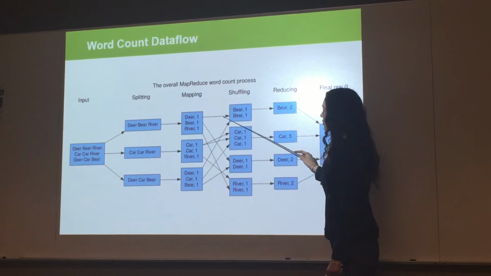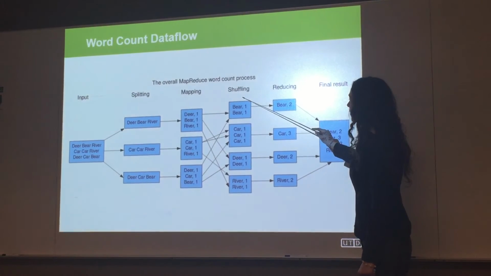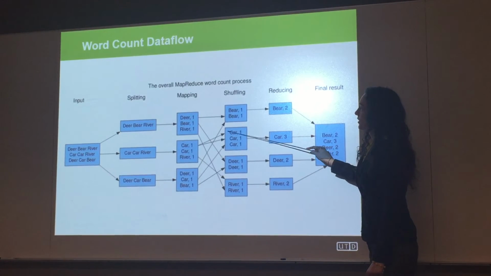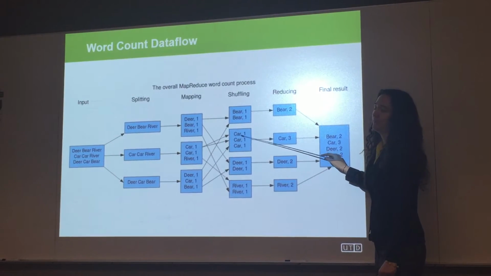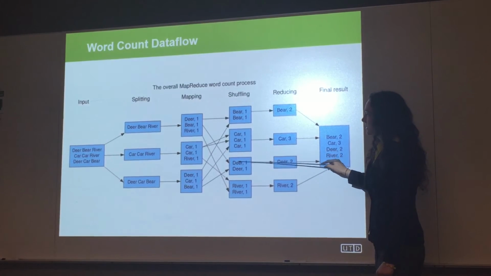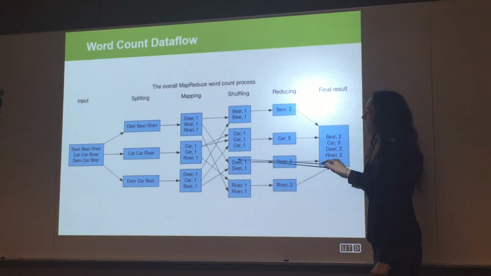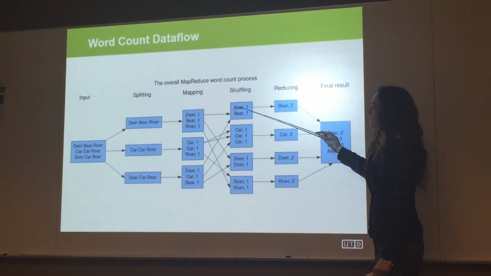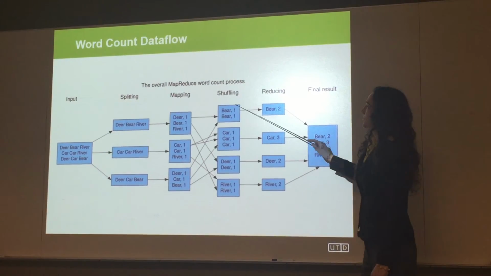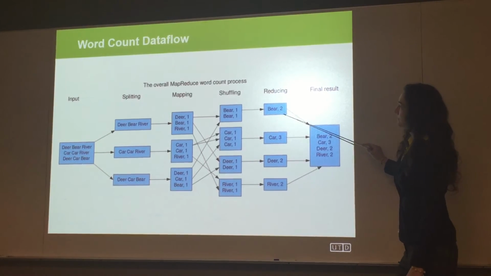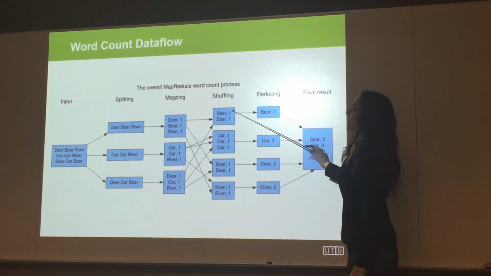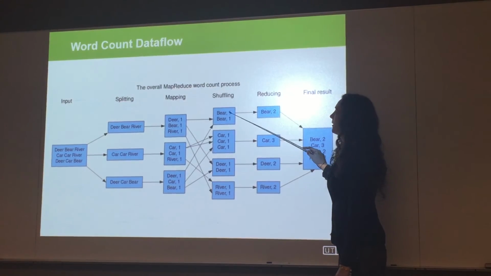Then there is shuffling or sorting. In this case, because of sorting, all the keys named deer are together. All the deers are here, all the cars are here, and all the rivers are here. And then these will be given to a reducer with their key-value pair.